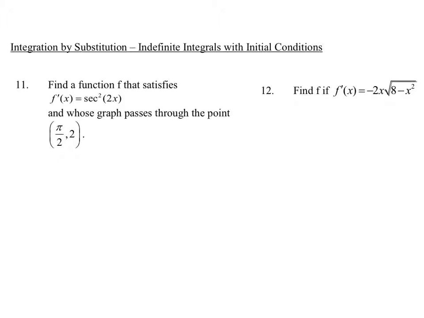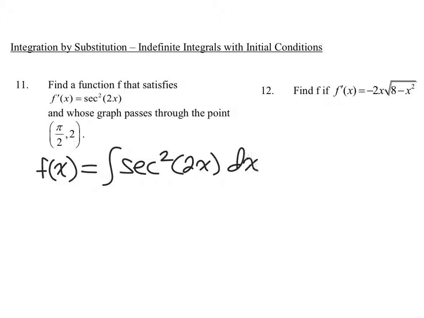So we're going to set up our solution here. f of x is going to be equal to the antiderivative of secant squared 2x dx. We'll worry about the condition in a second.